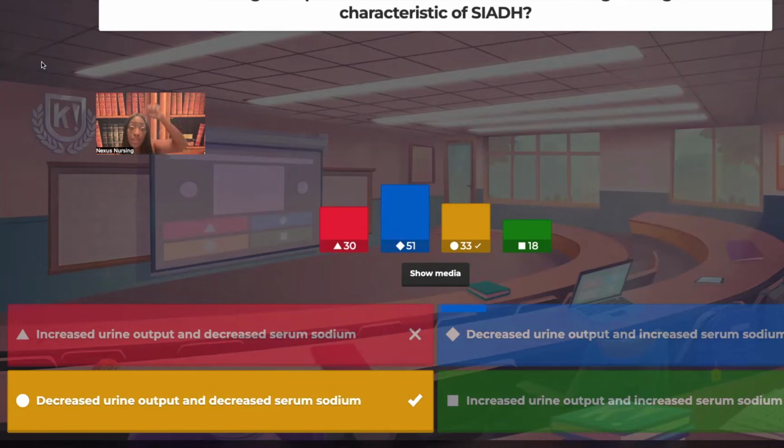So urine output down, urine specific gravity up, but serum osmolarity, that's the concentration of the blood, down because all those solutes that were in the blood goes out in the little bit of urine that comes out. I'm telling you, if you guys don't understand what's happening, you're going to get these test questions wrong because it can be very confusing. So I want you to really think through this, okay? All right, let's move on.